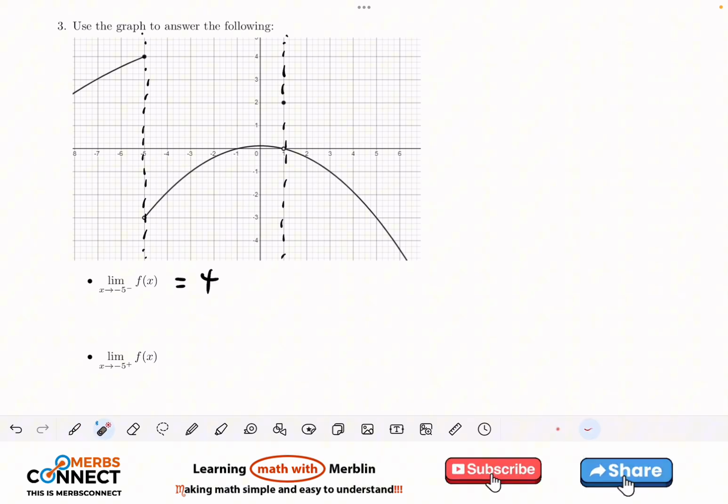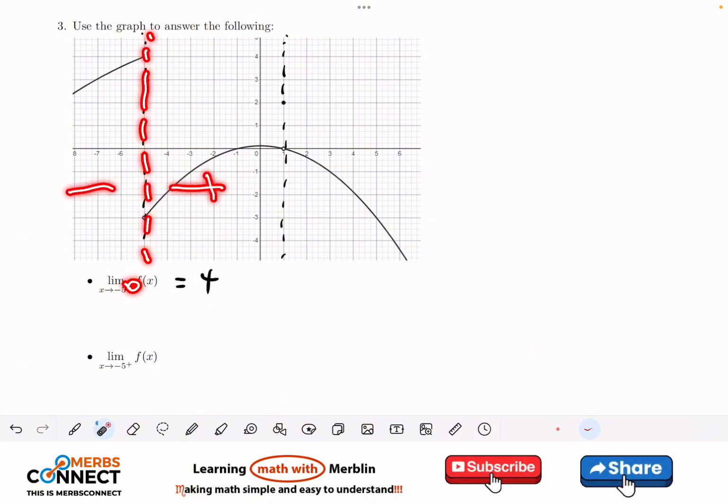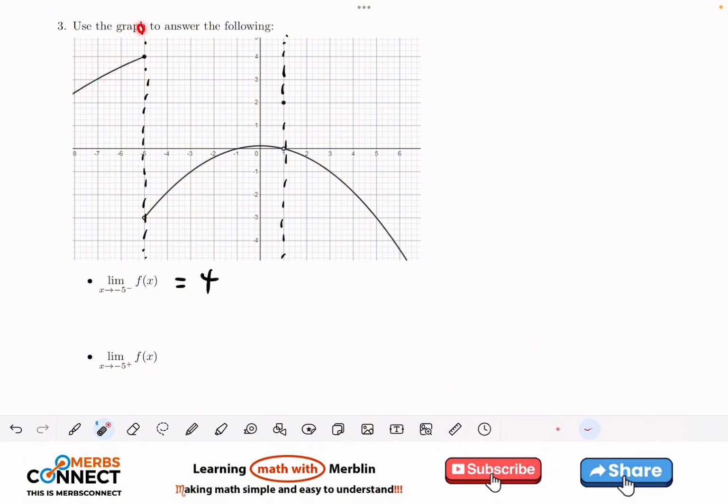Yes, I said draw your lines. When you finish, this is from the left. Here is the left, here is the right, the positive. So when I see that this is the left and this is asking us for the left, look for the graph on the left, which is close to this. We can see that the only graph here was this. So I need to move along the graph towards this line, not away from this line, but rather towards this line.